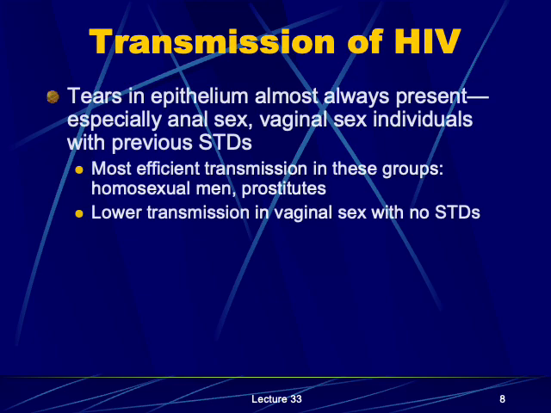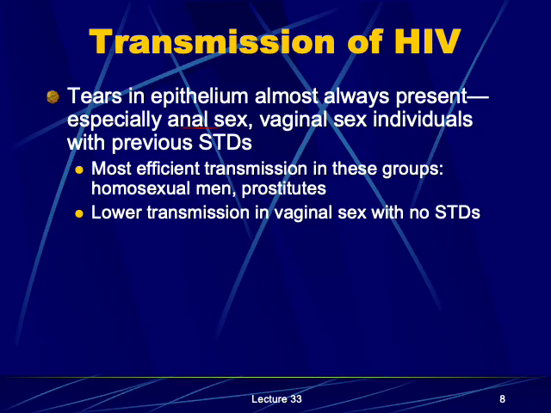So let's look at the transmission of HIV. Following that idea, when there are tears in the epithelium, in the skin, so the blood can get out, that's when you're going to see transmission is most highly successful. If a person practices anal sex, where there's damage to the skin, usually there's bleeding.